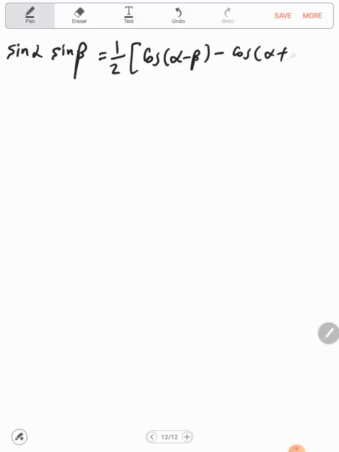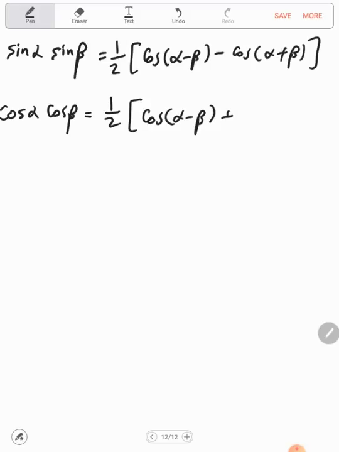Sine alpha sine beta is equal to 1 over 2 (cosine (alpha minus beta) minus cosine (alpha plus beta)), and also cosine alpha cosine beta equal to 1 over 2 (cosine (alpha minus beta) plus cosine (alpha plus beta)).